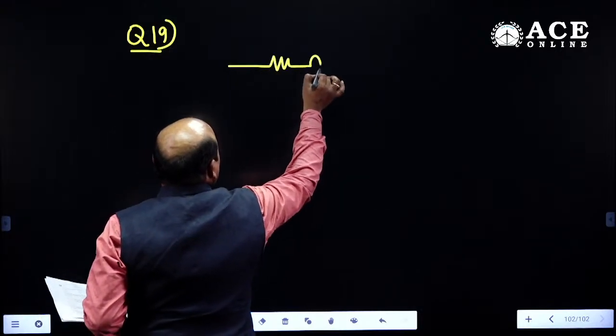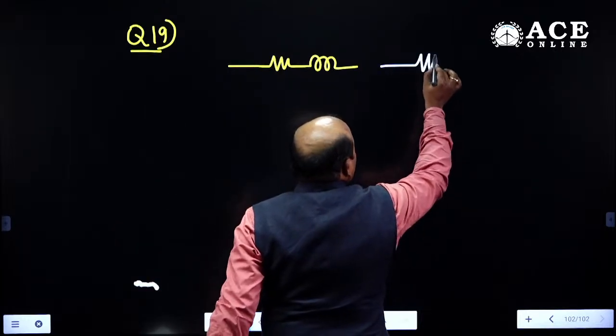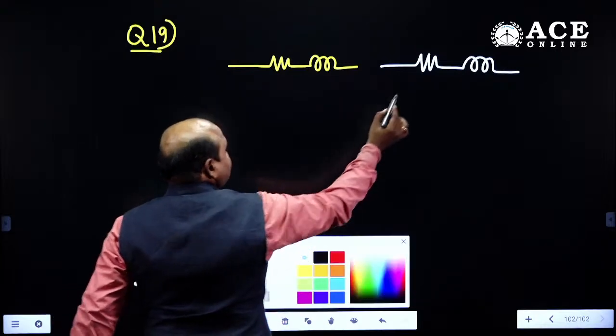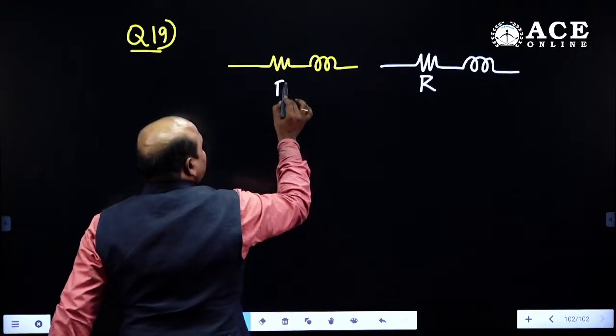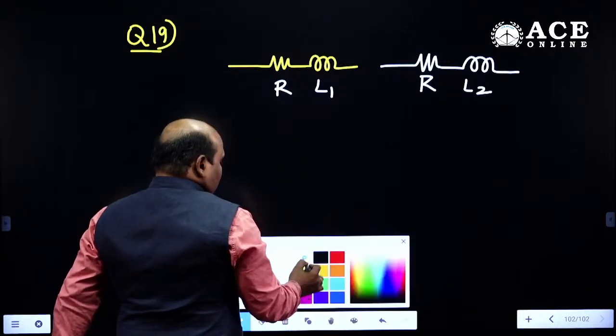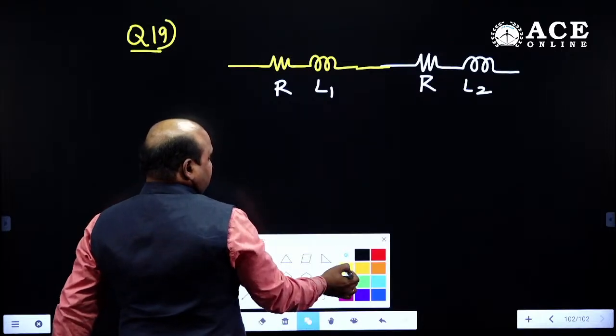Two coils are there: coil 1 and coil 2. Both are connected in series. Both have the same resistance R, here also R. The inductance values are different.